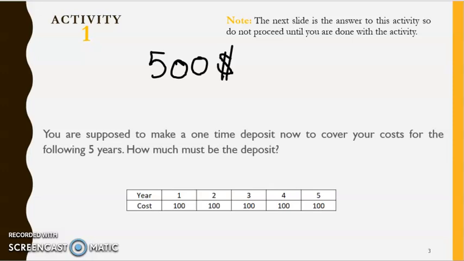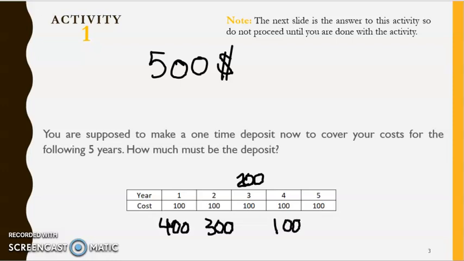Because when you deposit 500, after year 1, when the cost is 100, you would have 400 left. After year 2, you have 300. Year 3, you have 200. Year 4, 100.